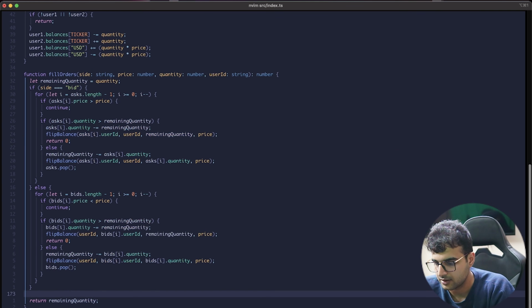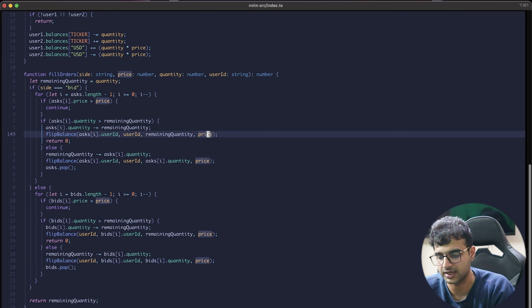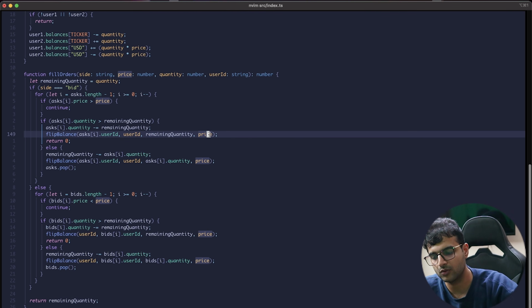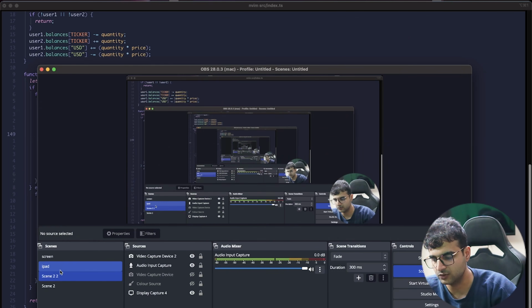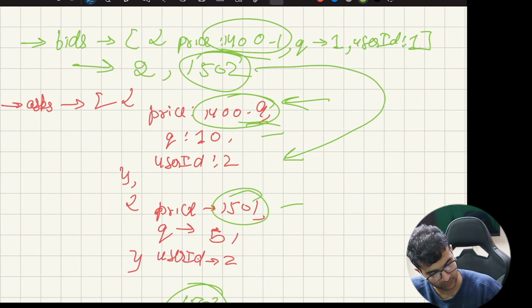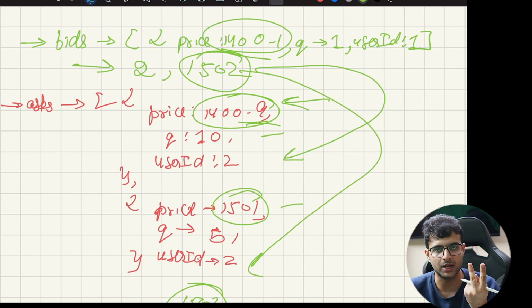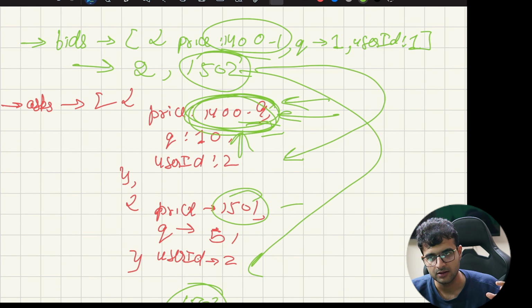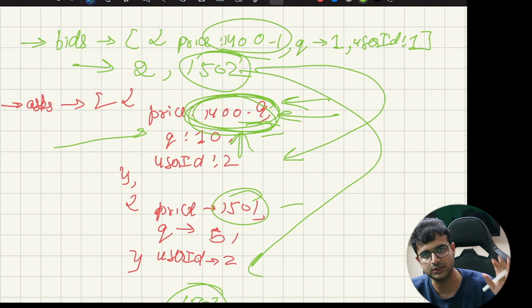Here we're sending in price, which means when the taker comes in, they say I want to buy at a specific price, and we swap at that specific price, which means in this case, when the user sends in 1502, that is the price we will swap balances on. But we shouldn't swap balances on that price. We should actually swap it on this price, which is 1400.9, because that's the maker price, the person that's already existing on the book.